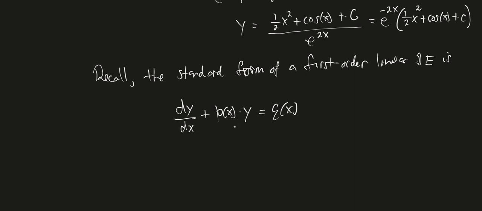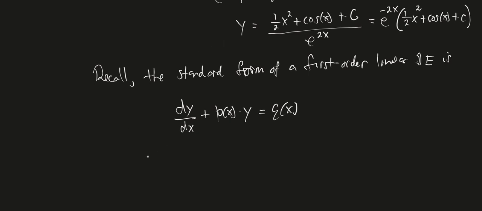So the trick is, could we find a special function that, when we multiply the differential equation by that function, puts it in that form, so I can do my little trick of reversing the product rule and then solving for y like we did in this example?